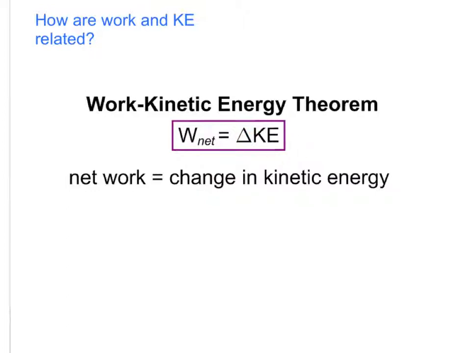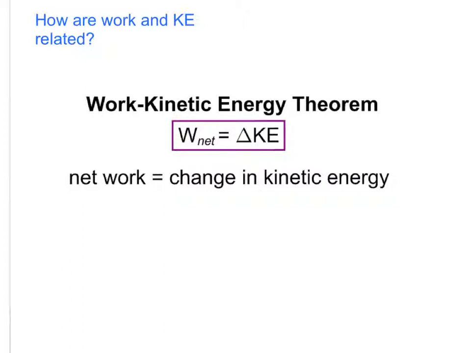This relationship is really important in being able to think about how things work. In order to use this theorem, we first must take into account all the forces that do work on the object. So net work must include all of the forces doing work in its calculation.